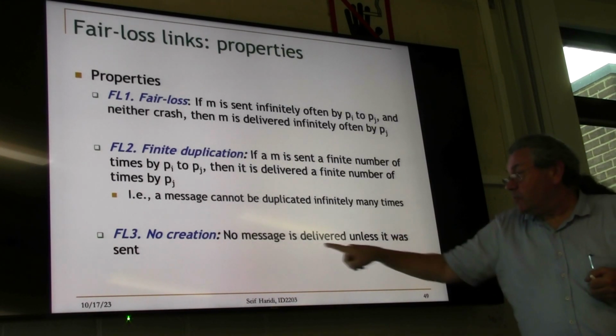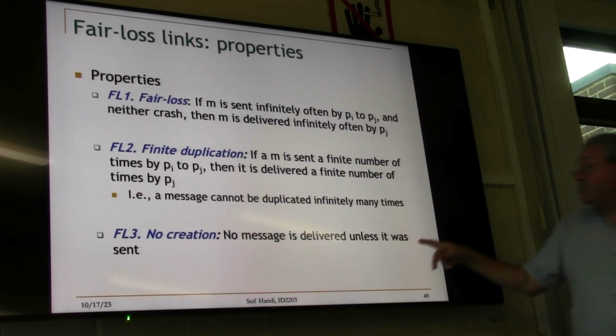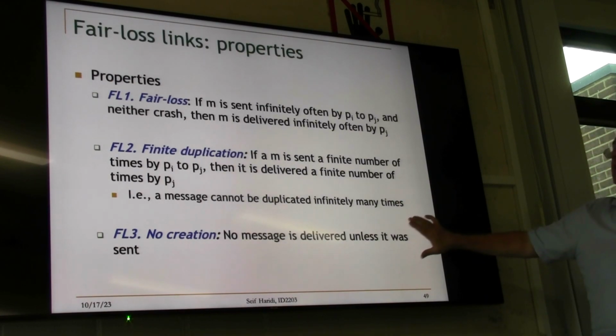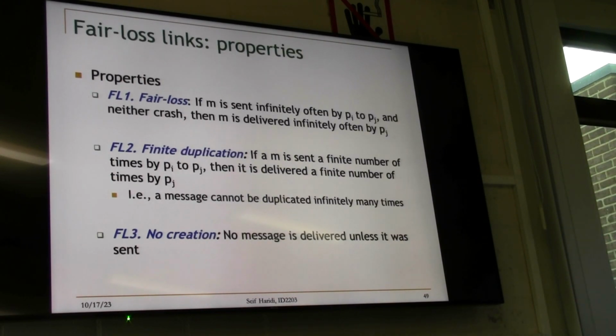We don't deliver a message unless it was sent. So the network cannot invent messages. If I don't send anything, the network can't just arbitrarily create random things and send them. The network is not creating messages. And then there are these two conditions on the number.